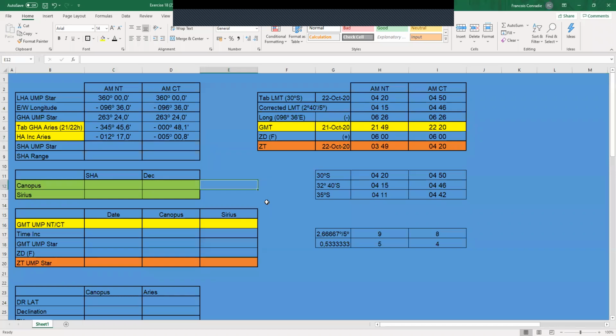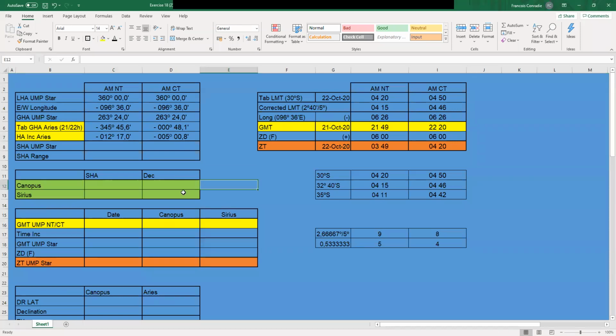Okay, so that needs to go in here as well. In the first one we have 12 degrees 17 minutes, and then in the next one we have 5 degrees 00.8 minutes. So now you can subtract that from the 263, and that should give you a value over here.